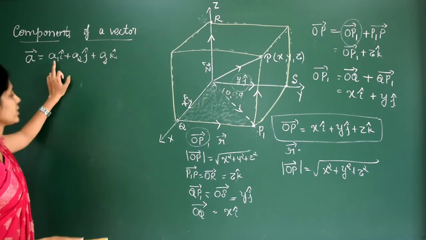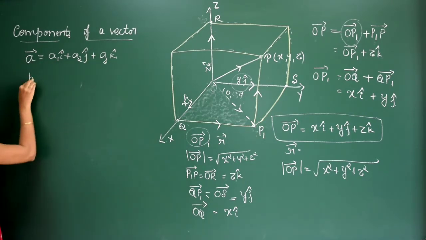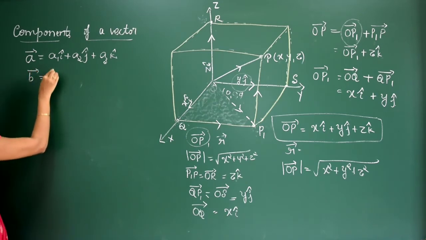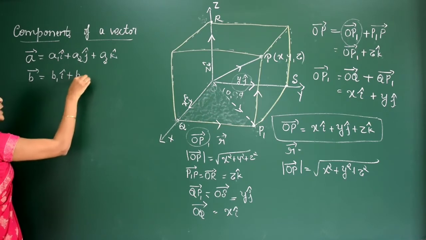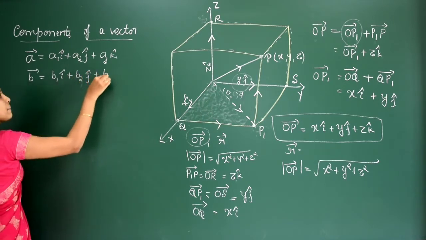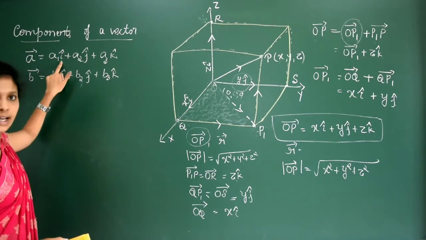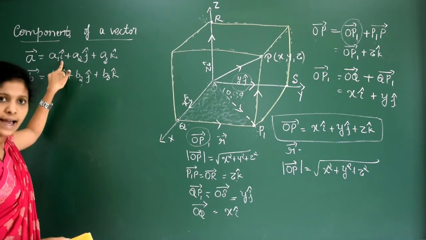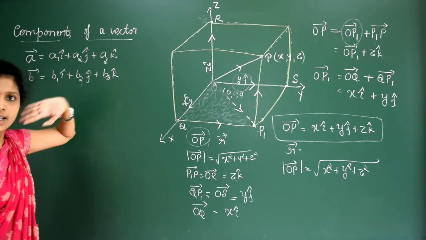So this is a point with the coordinates A1, A2, A3. And one more, B vector is equal to B1 i cap plus B2 j cap plus B3 k cap. This is along the x-axis, this is along the y-axis, and this is along the z-axis.